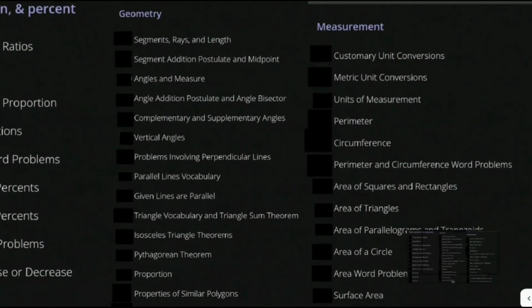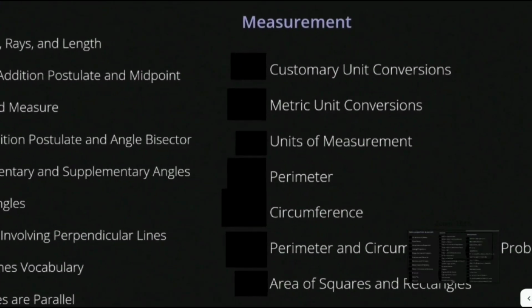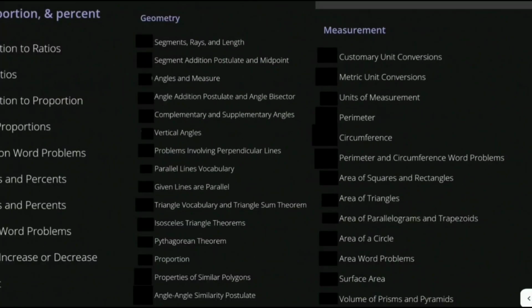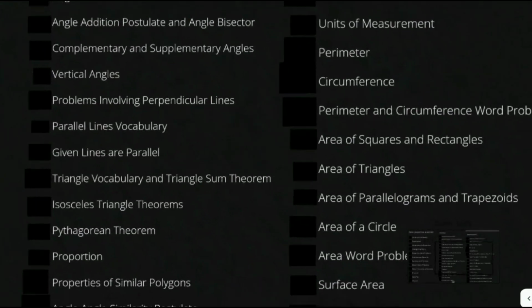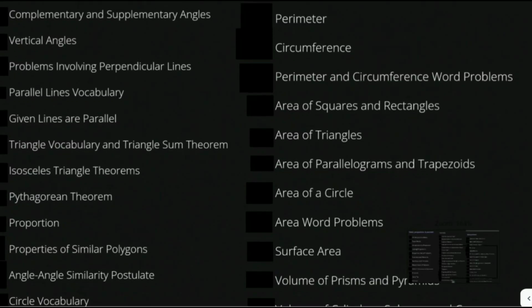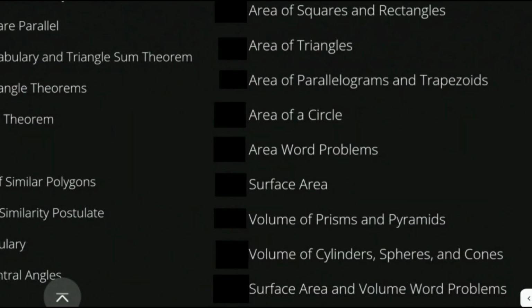And for measurement, you need to review unit conversions, units of measurement, circumference, perimeter, areas, area of squares and rectangles, as well as triangles, area of parallelograms, trapezoids, and circles. And you also need to review surface areas, volume of prisms, pyramids, cylinders, spheres, and cones.